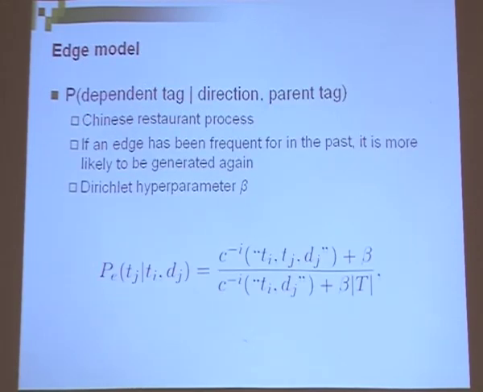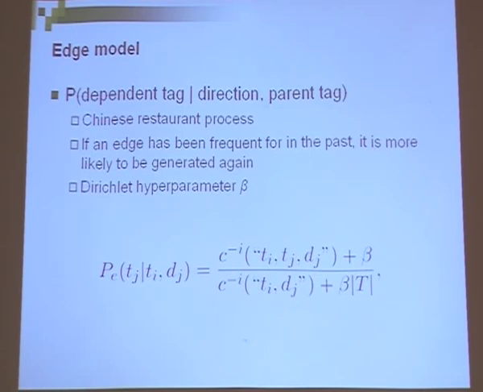So now I will describe the individual models. The edge model is simply the probability of the tag of the dependent given direction and tag of the parent. Here I use the Chinese restaurant process, which means that if this particular edge was very frequent in the past, it's more likely to be generated again.